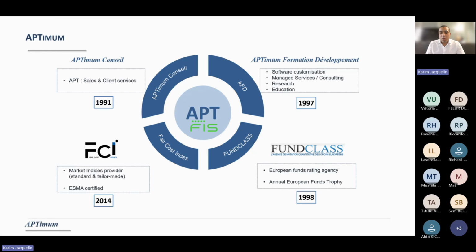APTimum Formation Développement is a quant team dedicated to adding value to APT users. We do some implementation, some software customization, and we also act as an outsourced risk management function. Some clients prefer to use the system on their location, some prefer to outsource it.